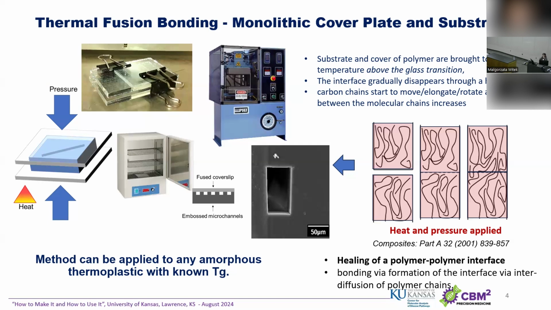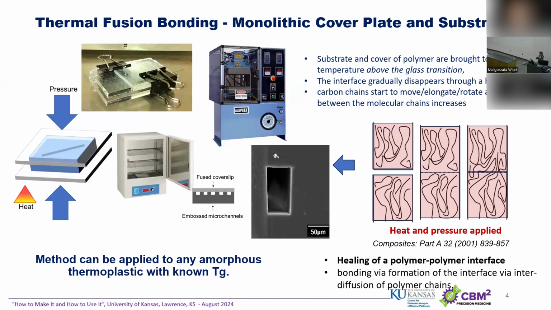The most often used method in our lab is what we call thermal fusion bonding, where you have what we call monolithic assembly, meaning your cover plate and your substrate material are made of the same thermoplastic. They have the same glass transition temperature. You bring them into close contact, apply pressure, and apply a temperature slightly above or at the glass transition temperature.